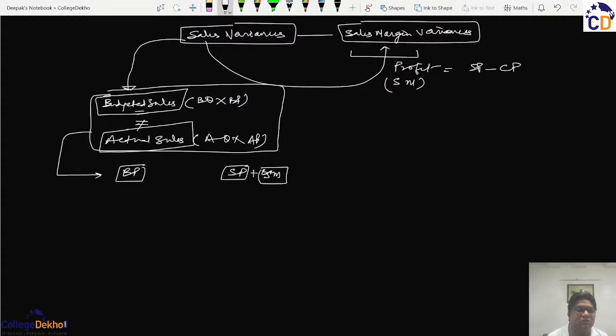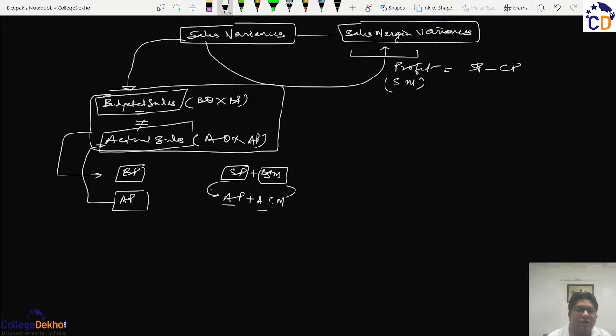When you achieve the actual sales, the actual price gives the actual sales margin. If we involve both variations, it will be a combination of the sales variance as well as the profit variance.